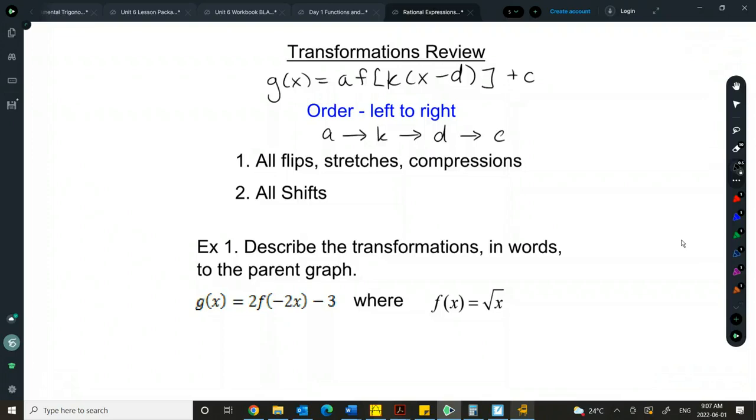That makes it so that I do all flips or reflections, stretches, and compressions first, and then all shifts, C and D, last. The reason for this is dead mass, right? A and K are multiples, whereas D and C are additions and subtractions. So I need to make sure that I do multiplications before I do additions and subtractions, right?